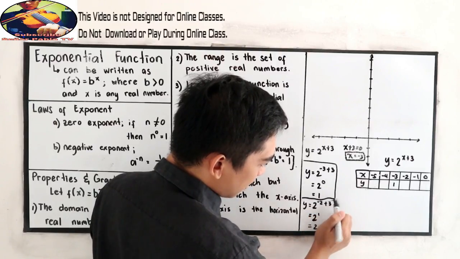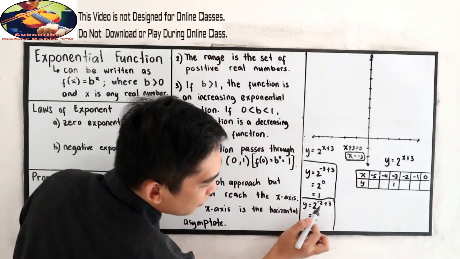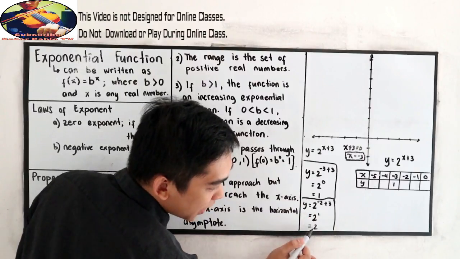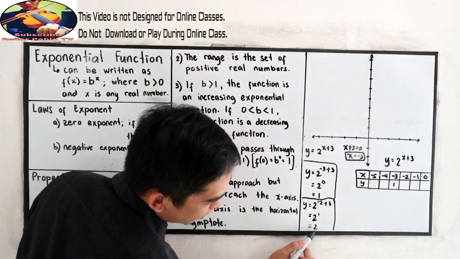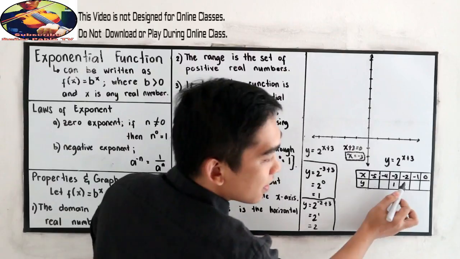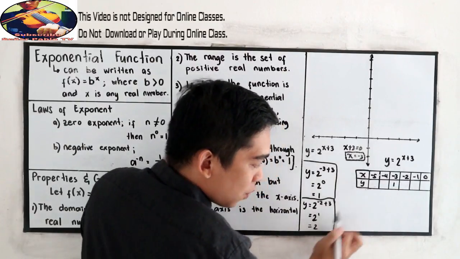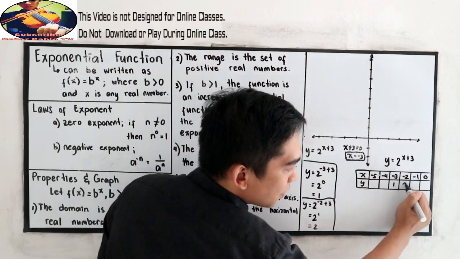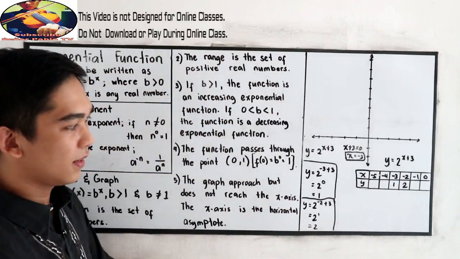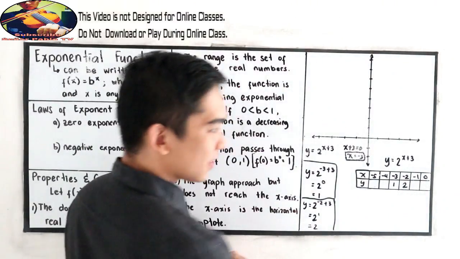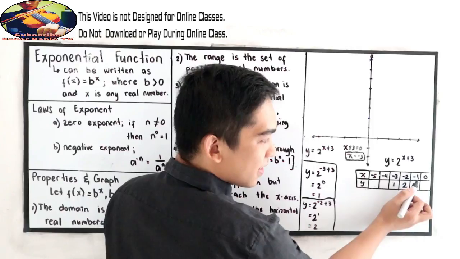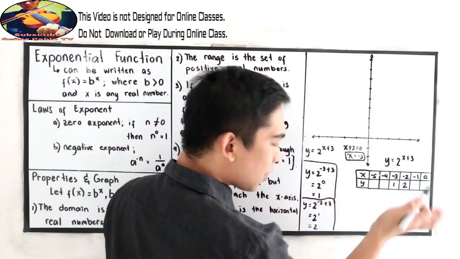Okay. So if x is negative 2, our y is 2. I will write 2 here. Okay, next. If you want negative 4, negative 1, that's okay.